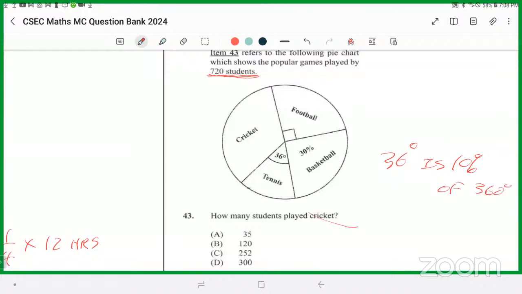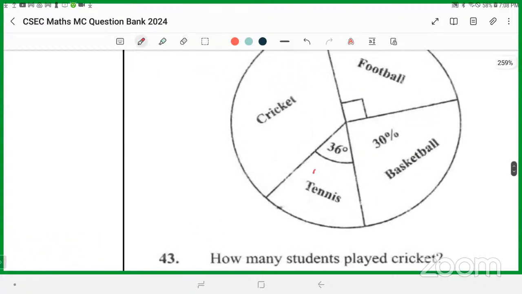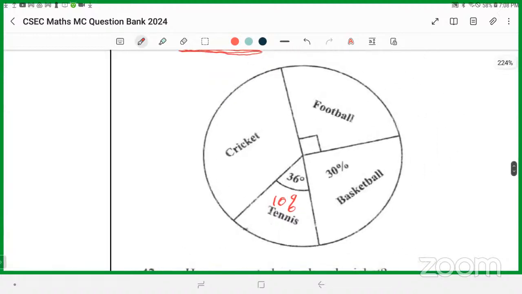So here, tennis will be 10% of the students. And this 90 degrees is a quarter of the circle, which is 25%. So inside here, this is 25% of the students. The remainder of the students would bring the total to 100.